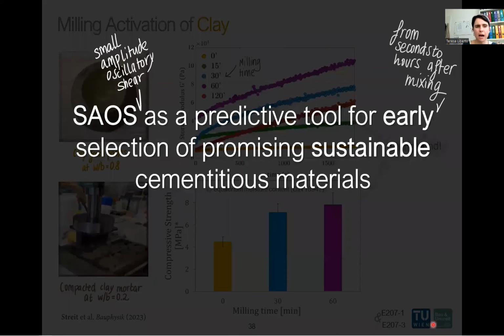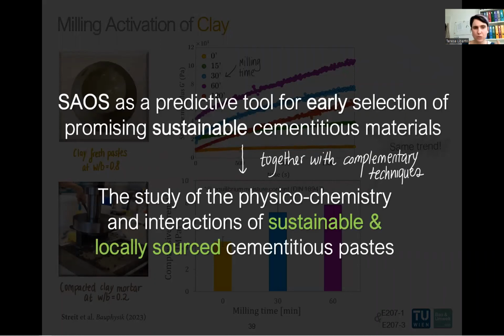So we can say that SAOS can be a very good predictive tool for early selection of promising sustainable cementitious materials, that is really helpful together with complementary techniques when we need to study the physicochemistry and interactions of sustainable and locally sourced cementitious pastes.